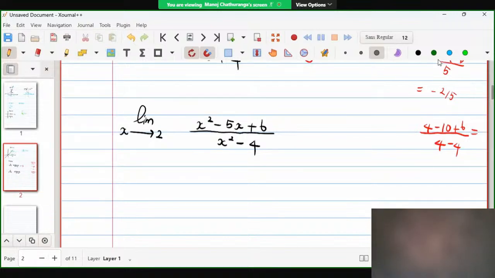In the numerator we get 0, and in the denominator we get another 0. 0 divided by 0 is a really bad situation because we are not allowed to divide by 0. Not only that, we have a 0 in the numerator as well. If we had something like 2 divided by 0, we would say this is undefined.